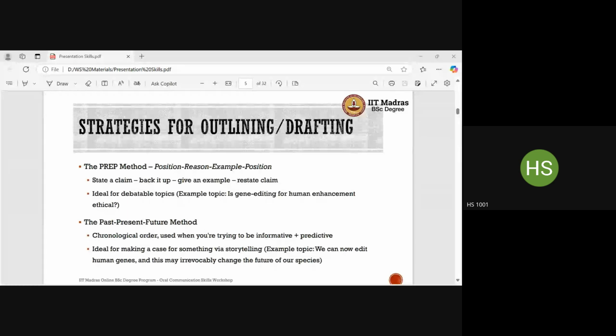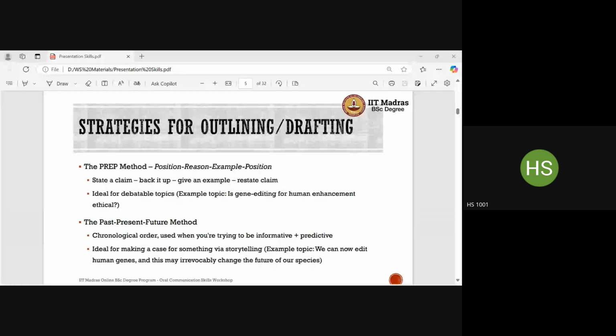State your position first, then give reasons as to why you take this position. Why is it that you choose to take this stance in relation to this debatable topic. Then give an example about how your stand or your position on the topic is justifiable.